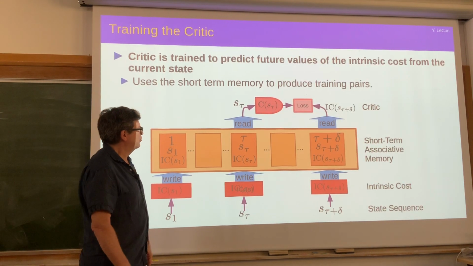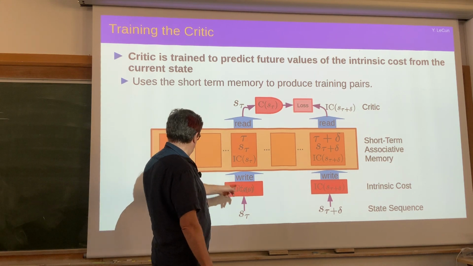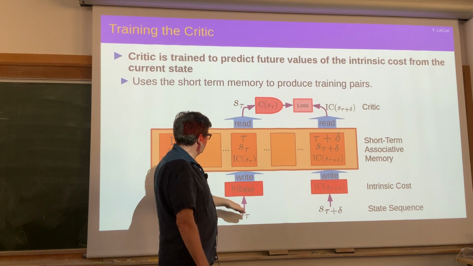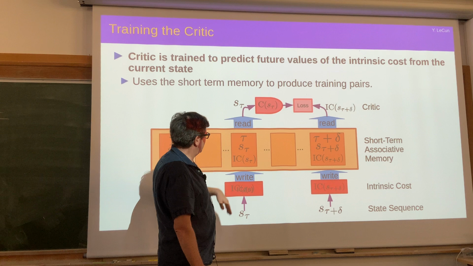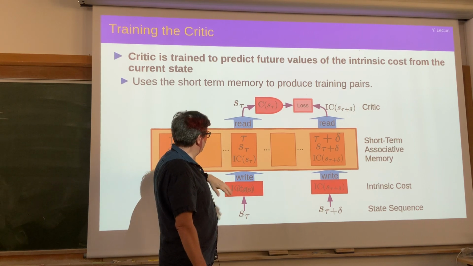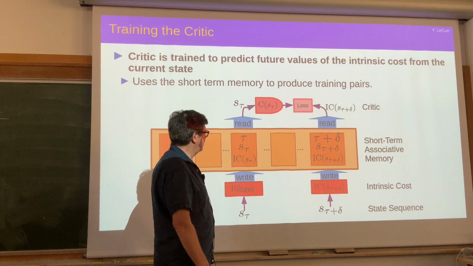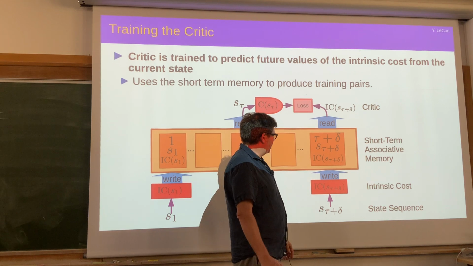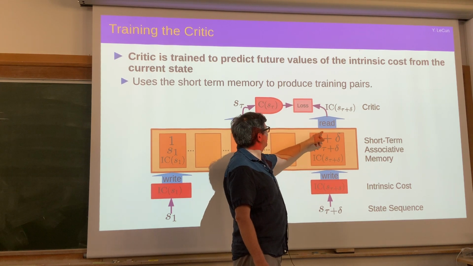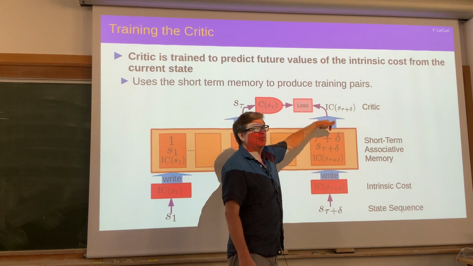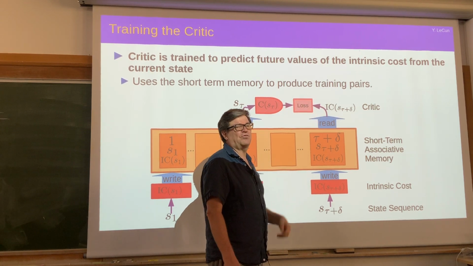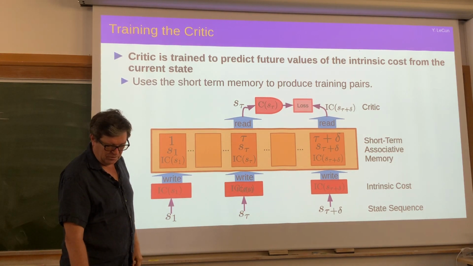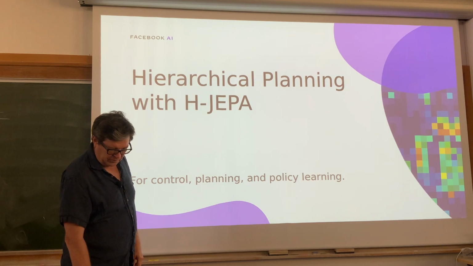So one way to train the critic, I apologize for the mess here, is when the system is in a particular state, you record that state in some memory, an associative memory of some kind, and then you wait for a while. And then after you've taken a particular sequence of actions, you will measure a particular intrinsic cost. And what you're going to do is train the critic to predict the intrinsic cost that you eventually got. Okay, that's the way of training a critic. This is a very simplified explanation of how a critic can be trained.